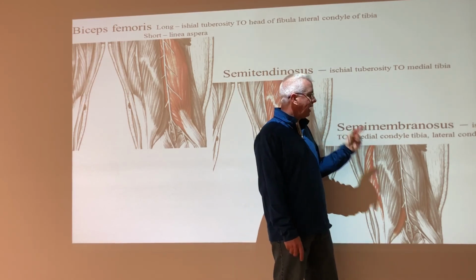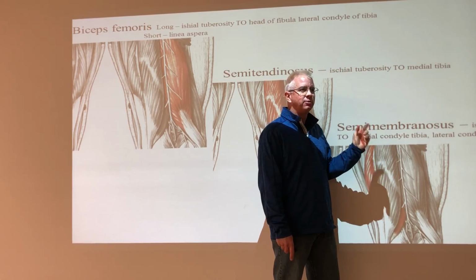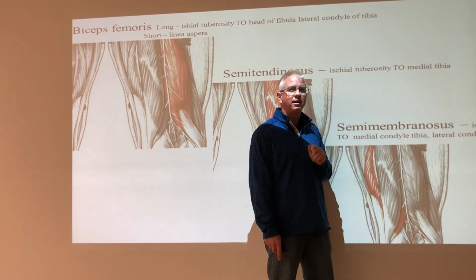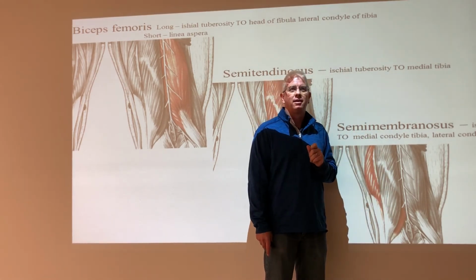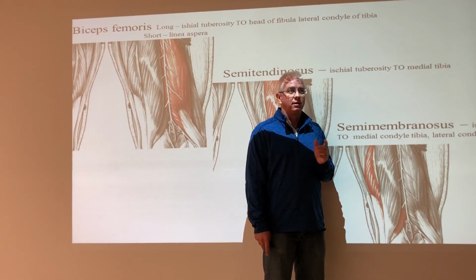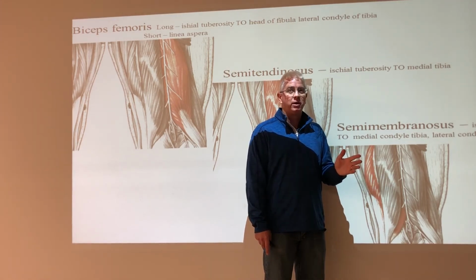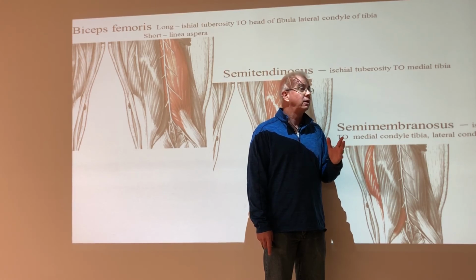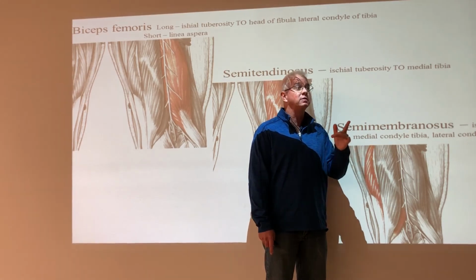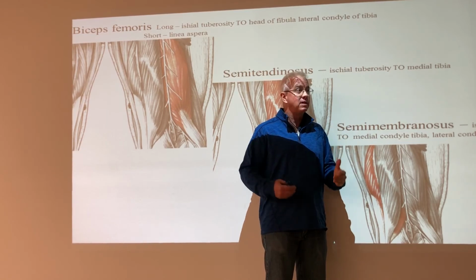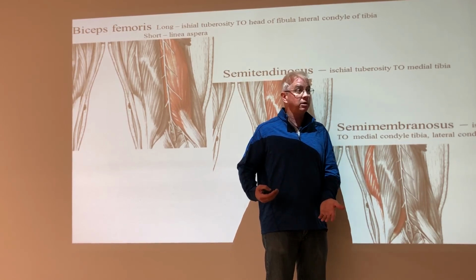Now, where is the lateral condyle of the femur in relationship to the medial condyle of the tibia? I'll give you lateral, but where else? What direction? What's the word? It's proximal. So the femur attachment has got to be superior to the tibial attachment, right?